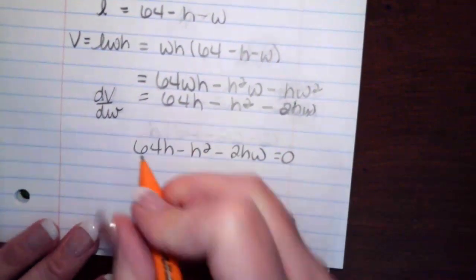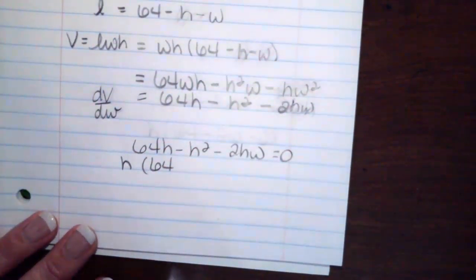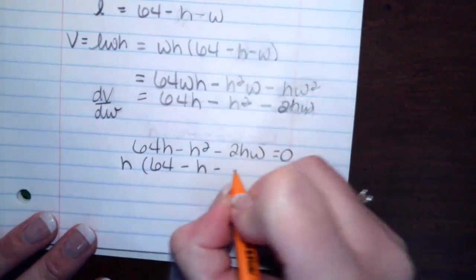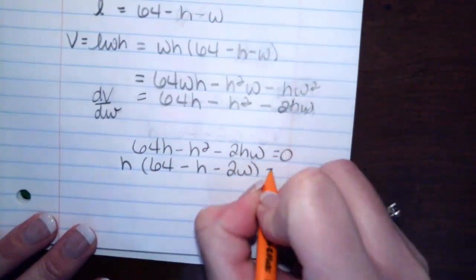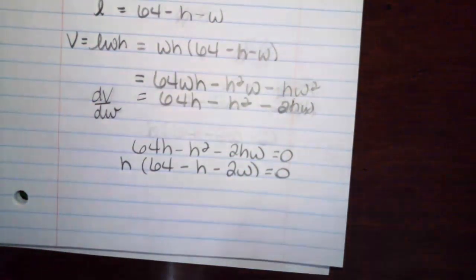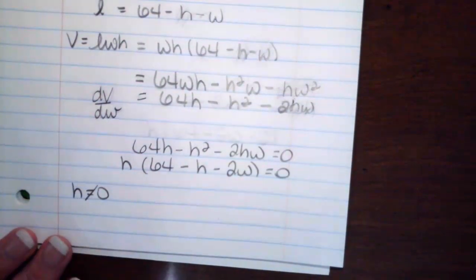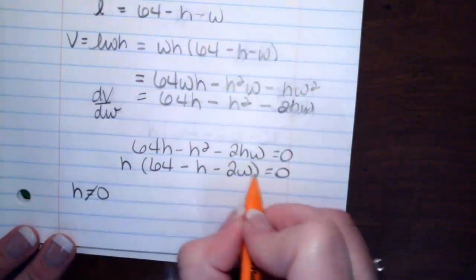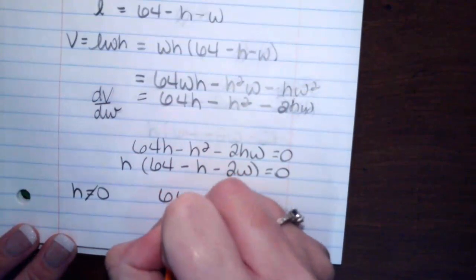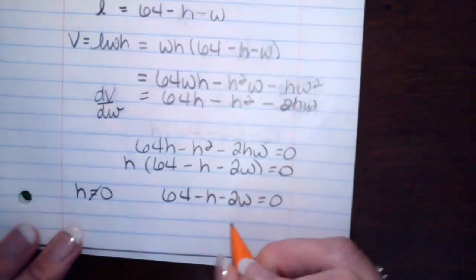And what do all three terms have? All three terms have an H. So that leaves me with 64 minus H minus 2W equals 0. Well, H cannot be 0 because otherwise we would have no suitcase. Okay, so that means that I'm going to take this and solve it for W. So I've got 64 minus H minus 2W is 0.